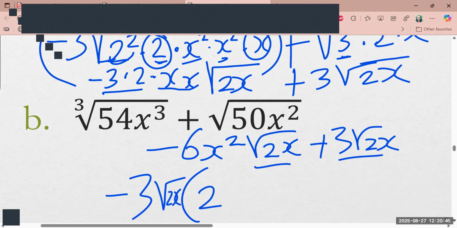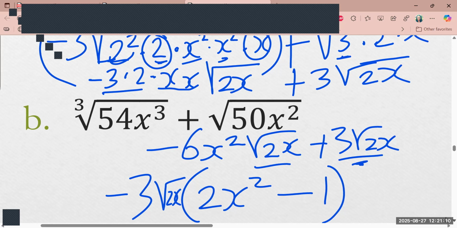Okay, so what remains? I have divided this by negative 3 root 2x. So what remains is going to be 2x squared. And then minus, because I'm dividing by negative 3 root 2x, this is going to be 1. So I have just factored it out, and that is my final answer.